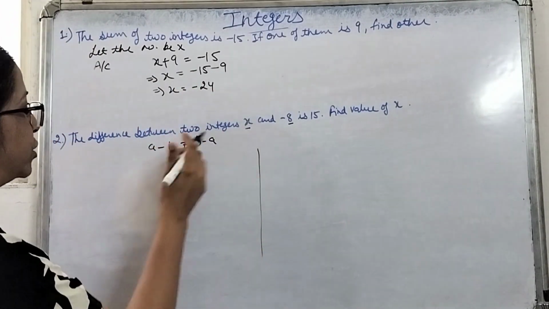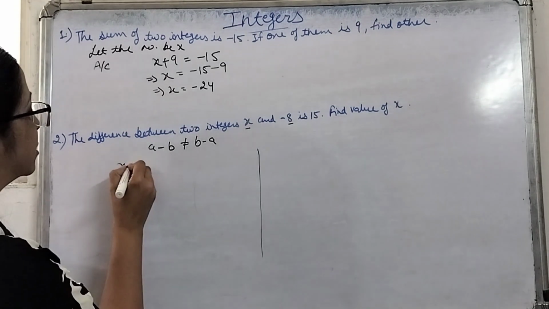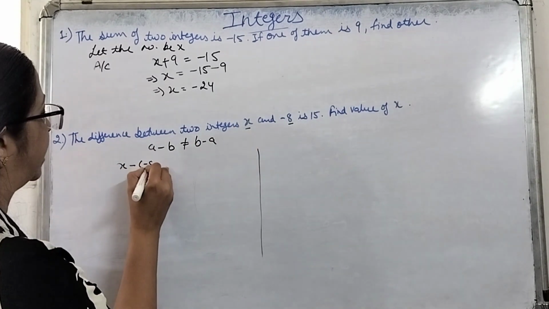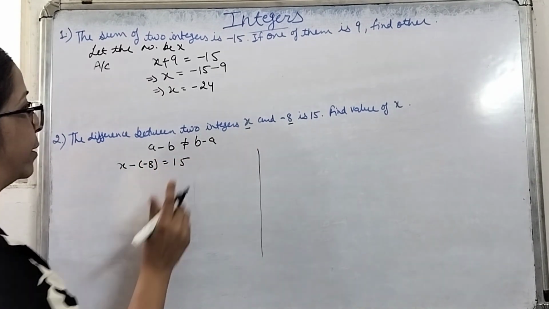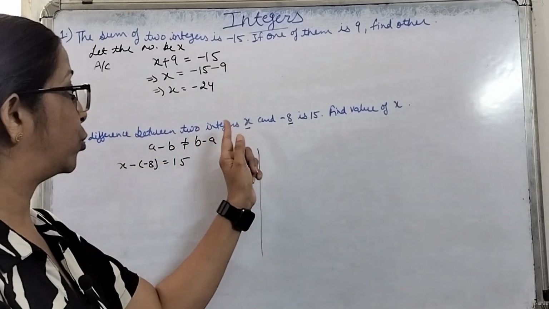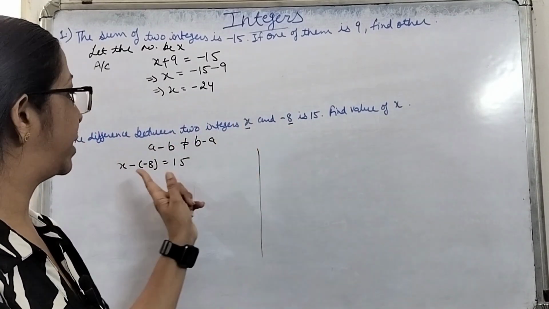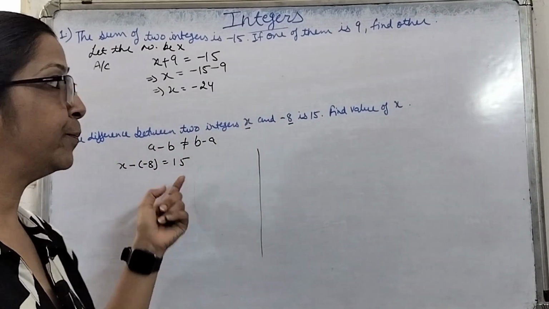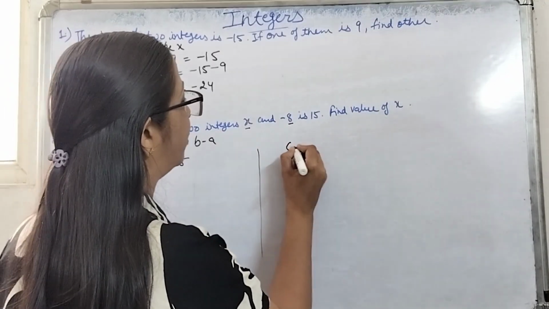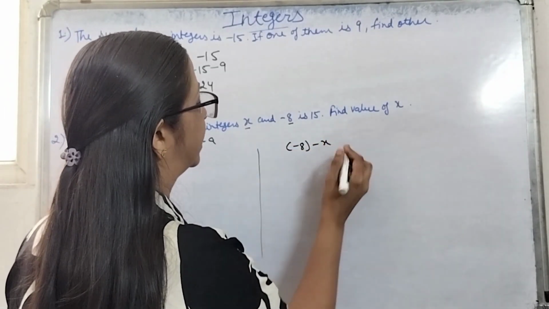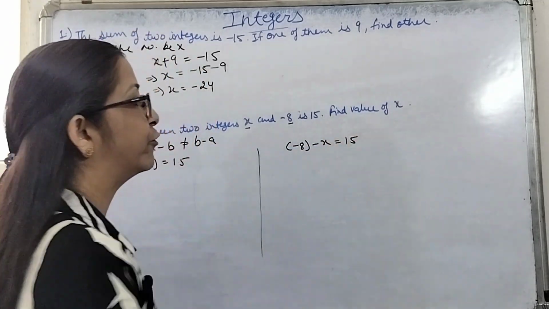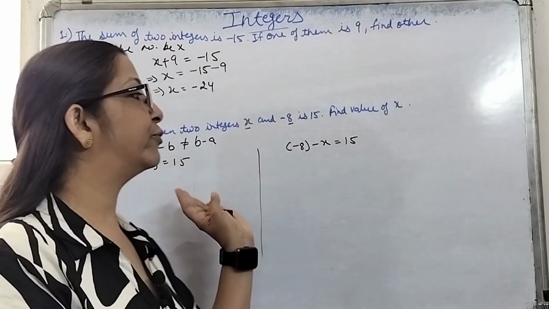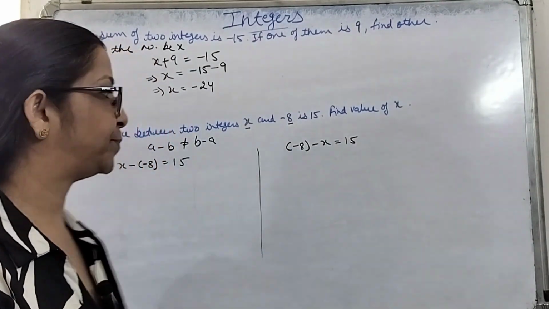In one condition, from x we are subtracting minus 8, and the result is 15. In another condition, from minus 8 we are subtracting x to get 15. So we will be getting two different values of x from here.